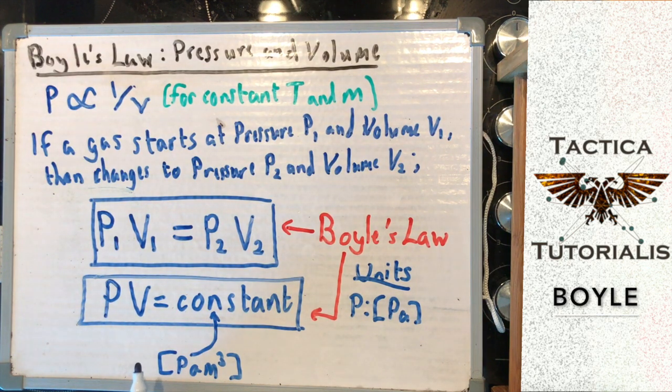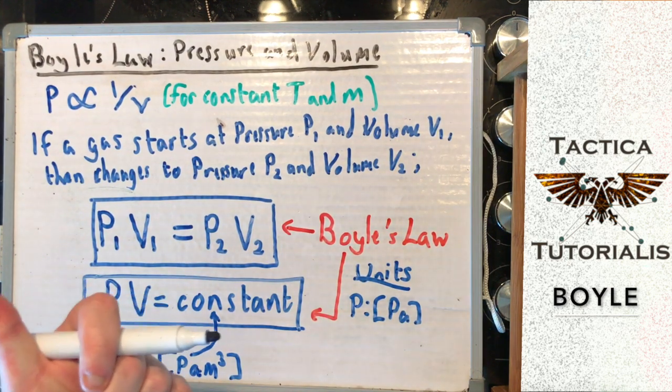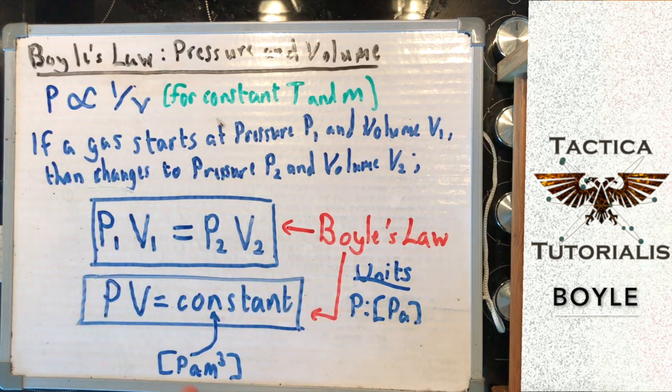I don't know why, in truth, but it is usually written as Pascal meters cubed. You may see it as newtons per meter squared times meters cubed equals Newton meters, but we'll come on to why that might be an interesting unit in a moment.